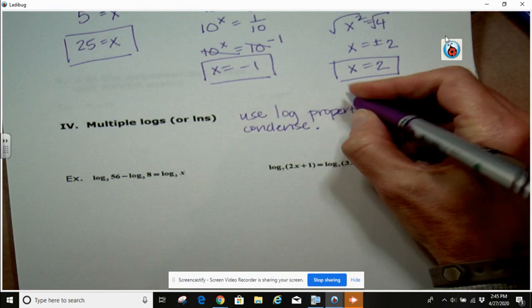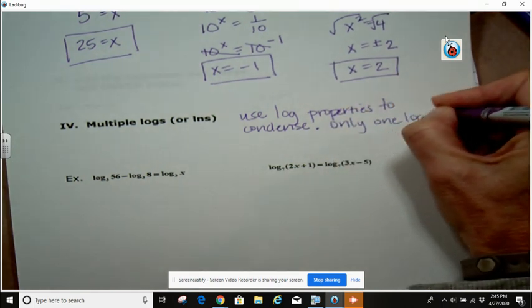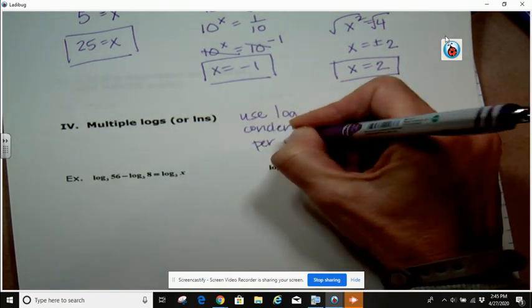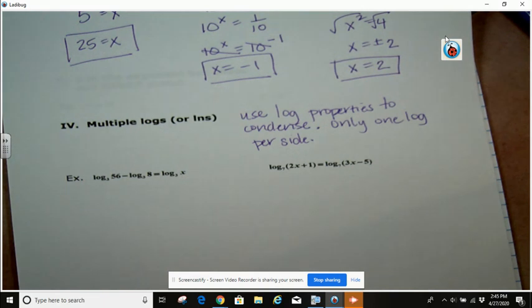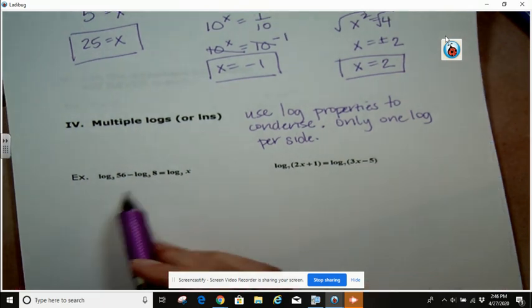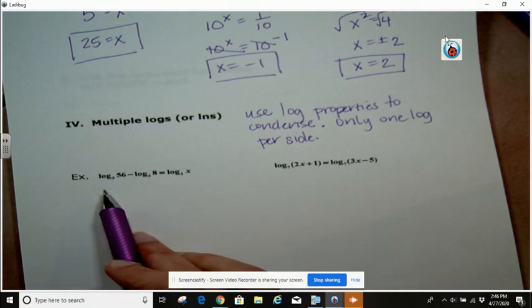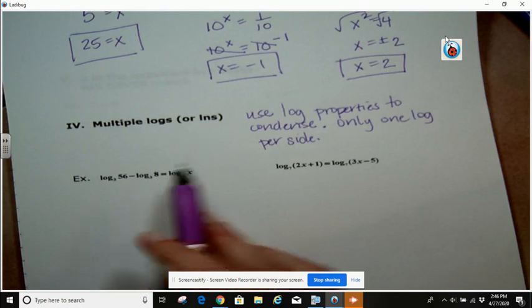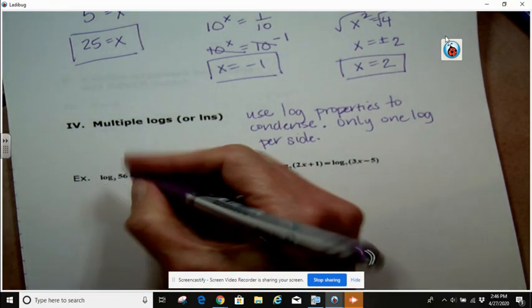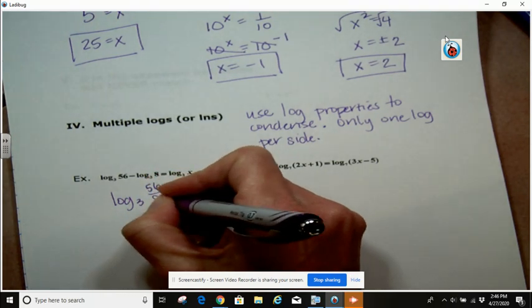You're only allowed one log per side. So for the first example, I've got 2 logs on the left and a single log on the right. Well, I've got too many logs on the left. So I'm going to use my properties to condense that to a single logarithm. So the 2 logs subtracted will condense to 1 log using division.